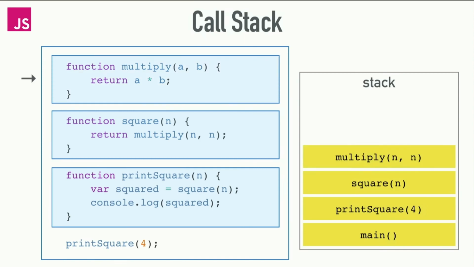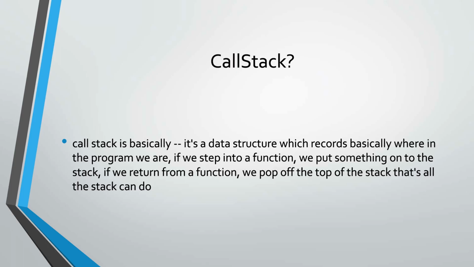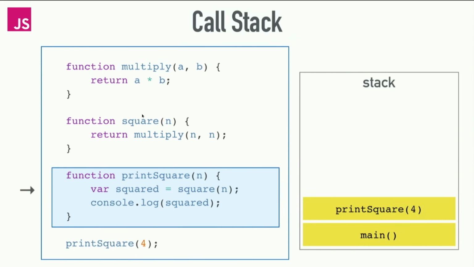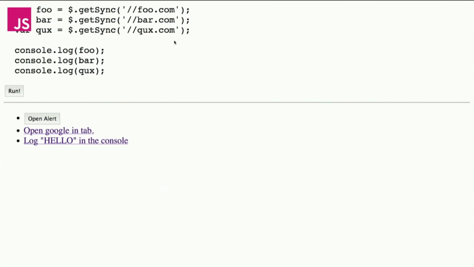After we call these functions, the stack pops them, and it goes like this again. But we have a console log here, right? After that we console log, and the console log disappears and print square disappears. There's no return, but the closing bracket implicitly implies that this is the end of the function.